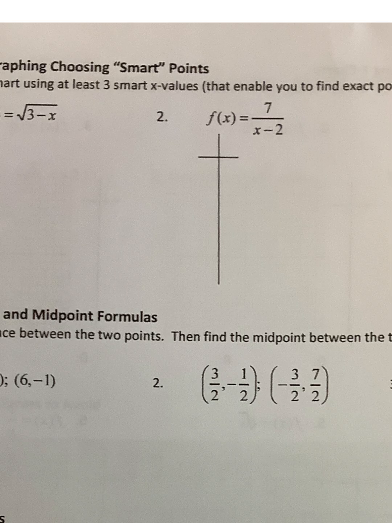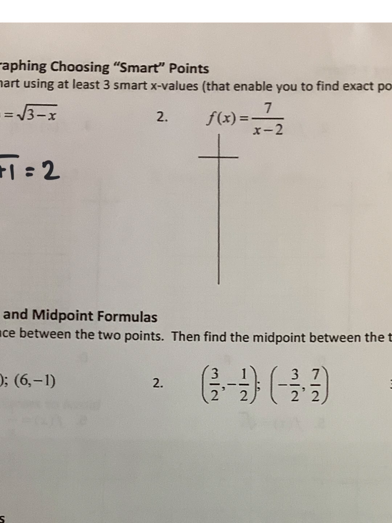So if I put -1 in there, that's going to be the square root of 3 minus, and then if I'm subtracting a negative, what am I really doing? Adding. So that's the square root of 4. Well, what is the square root of 4? Just 2. So that will be the ordered pair point, -1, 2. So that's a smart point. Now, if I put 0 in there, I'm going to end up with the square root of what?